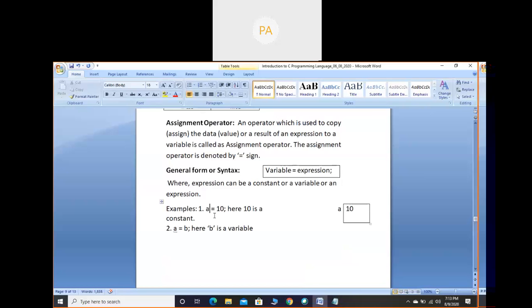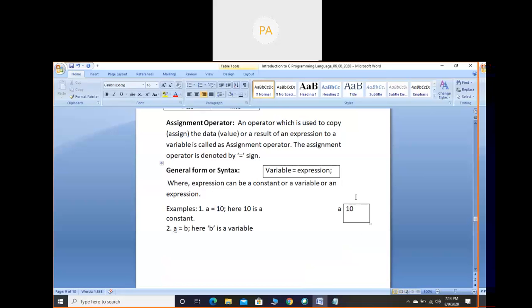In order to write a variable name, if you use a small-size variable name, it will be easy for us to remember. So here a is a variable and 10 is a value. So this 10 is stored in variable a. So how to indicate that? You have to write it in this way. You just write in a rough column like this. A, write one box. That box indicates the computer memory location. You need not write 10 to 15 locations as I showed in the variable definition.